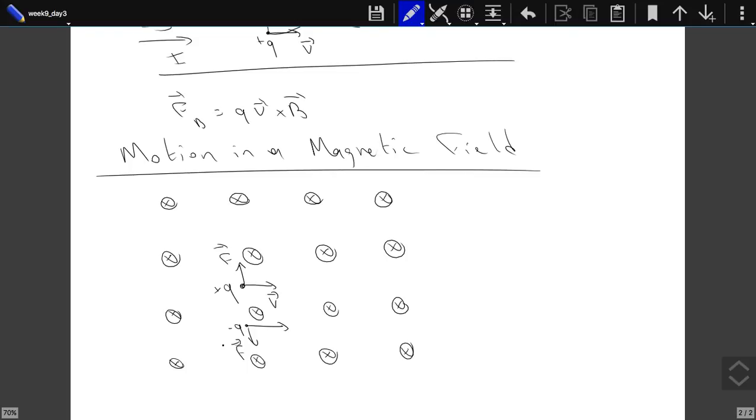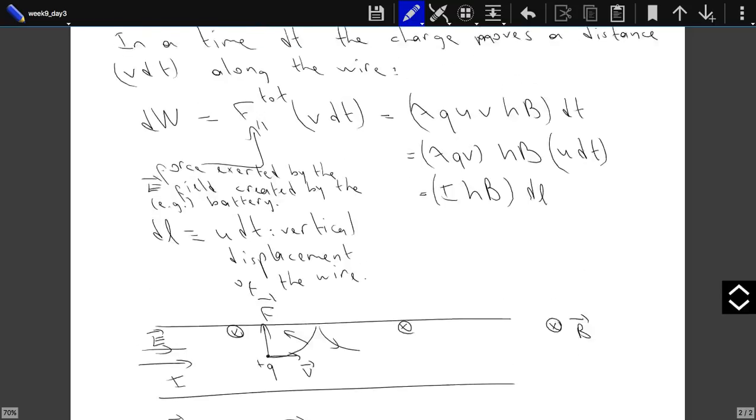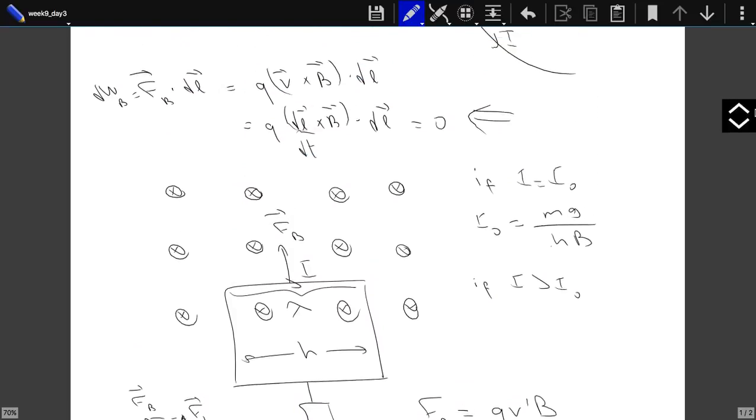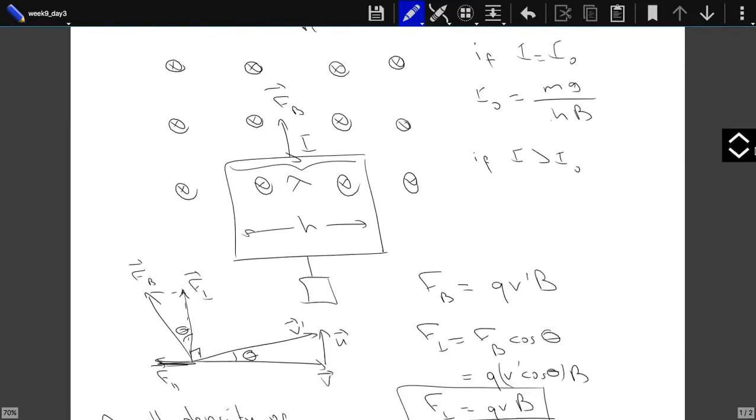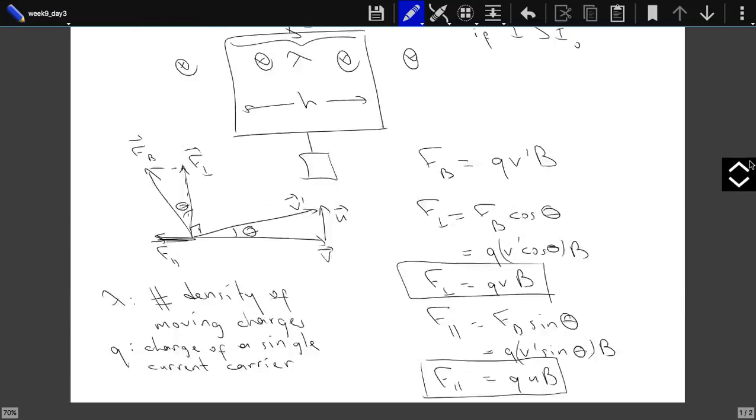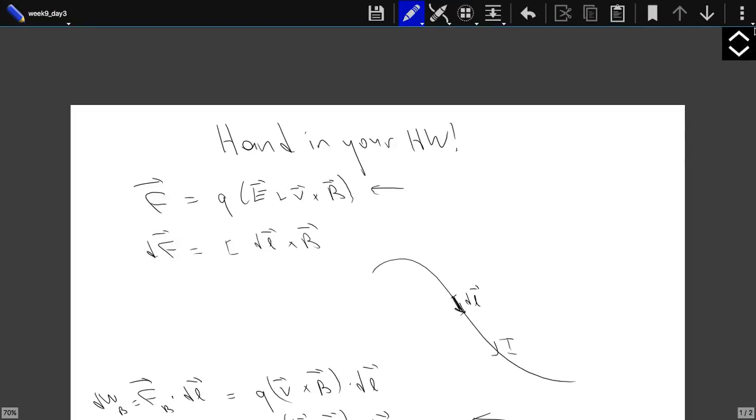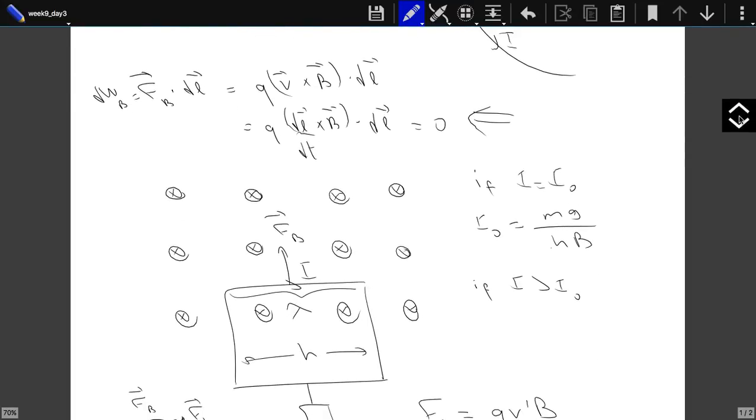Does it do any work? Does the magnetic field do any work?